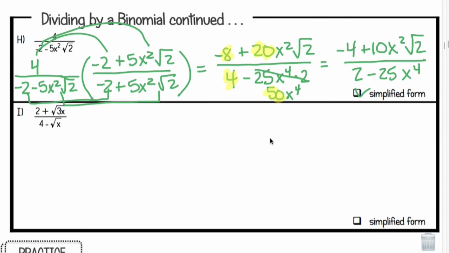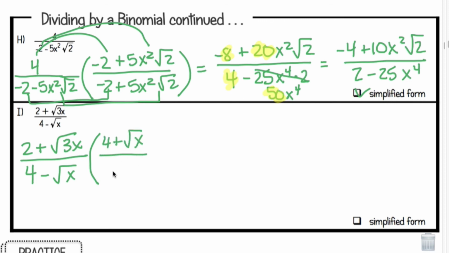All right, we're going to just do one more. So again, I'm going to rewrite it so I can clearly see what I'm doing. I'm going to multiply by the conjugate, which is 4 plus the square root of x divided by 4 plus the square root of x. These are binomials, so I'm going to have to do my FOIL in the numerator.